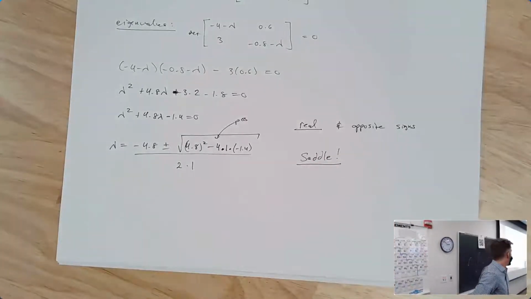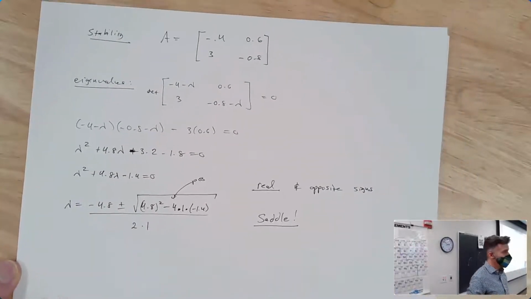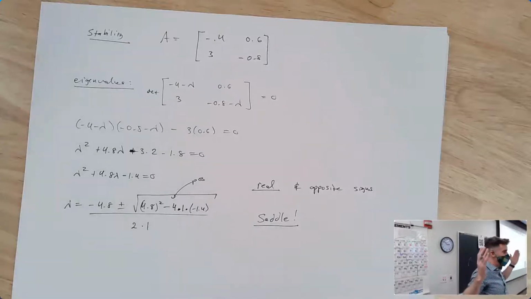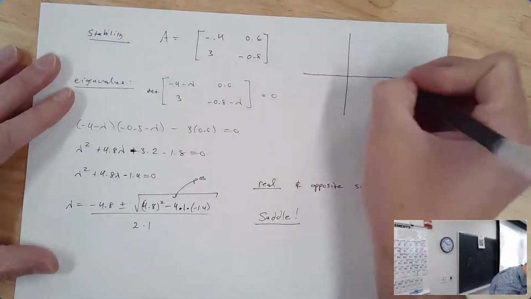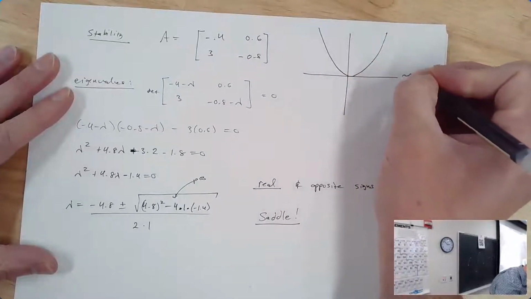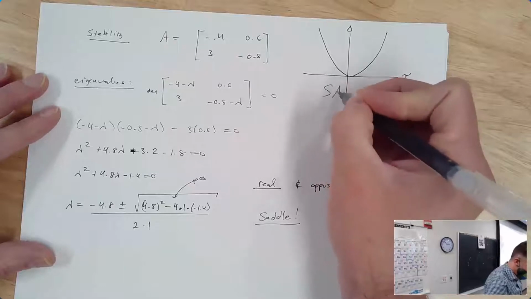Now, we could have done this much more easily with the trace-determinant method, thinking about the graph that shows you the determinant on the y-axis and the trace on the x-axis. And down below the x-axis is saddle land. Here's the trace. Here's the determinant. Down here is saddle land.